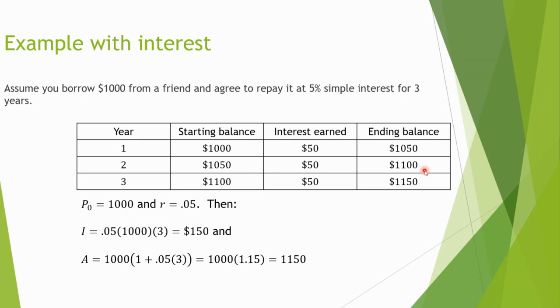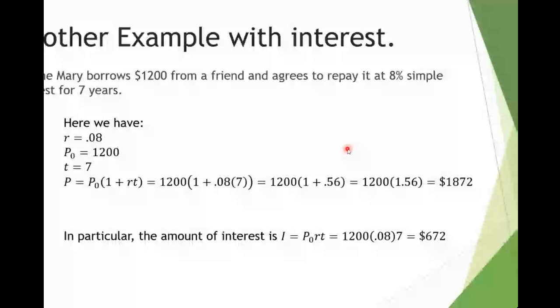And now the balance, how much you owe, is $1,100. And then one more time, you get $1,150. That's the total amount of the loan. So you're going to pay off $1,000, but you have to pay an extra $150. Okay? And that's how your lender or the banks would make money. But again, each year they're adding on the same interest.